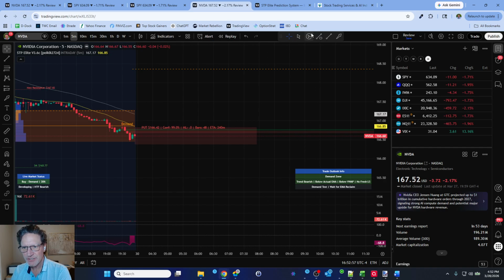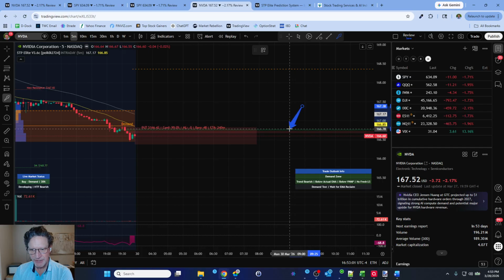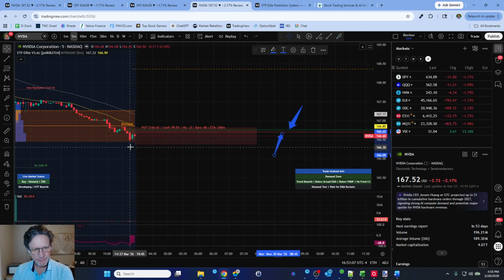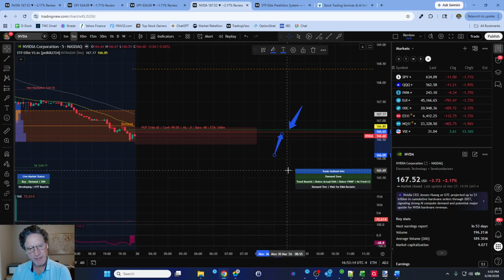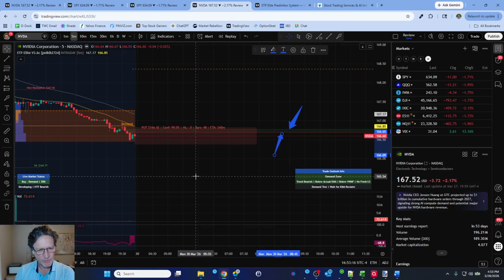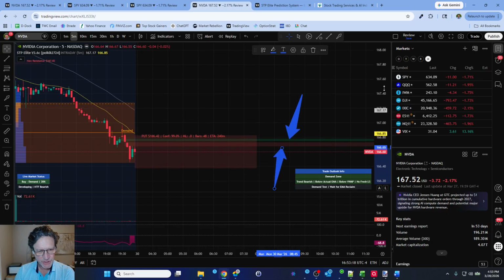Let's move on. So now you might say, wait a minute, I see other shaded areas over here. There's a green shaded area and there's a red shaded area. And that is what's called a fair value gap. Again, if you don't know these terms, I would look them up. But a fair value gap is formed when there's a jump in price and there's a gap between the candles, and it ends up becoming support or resistance for those as well.